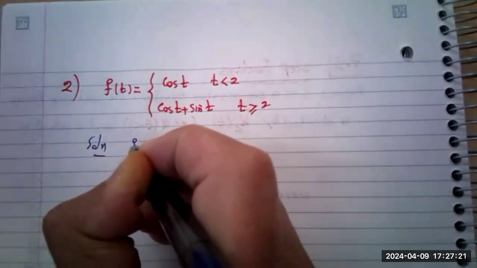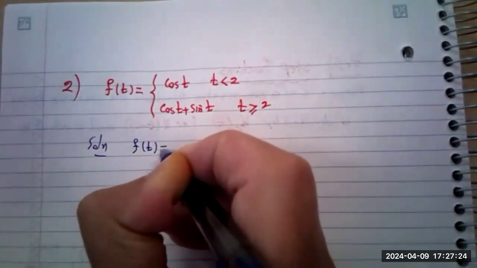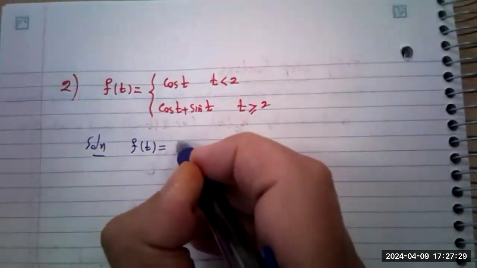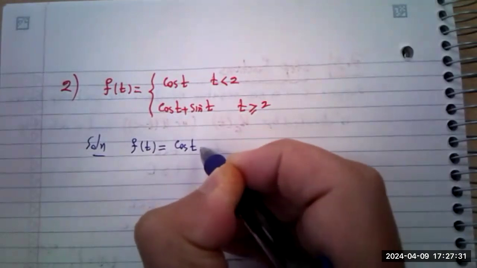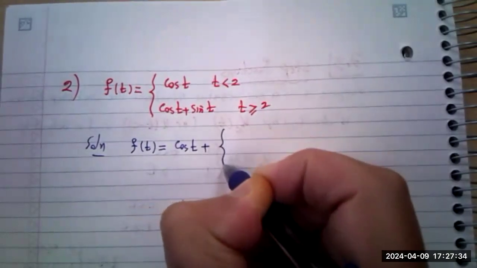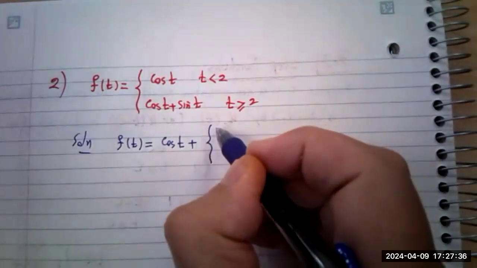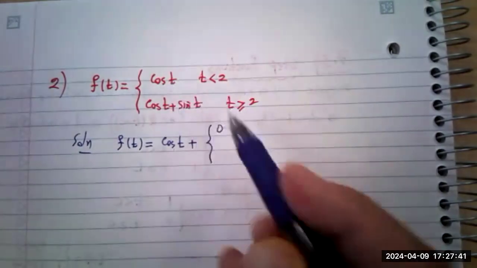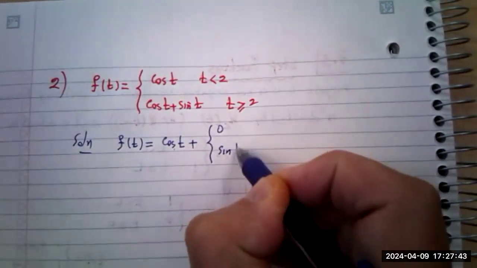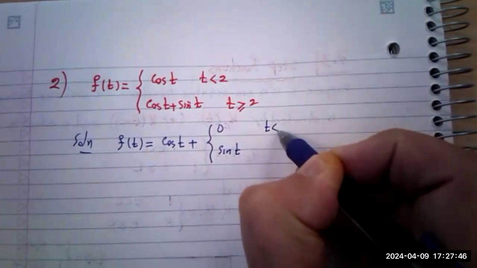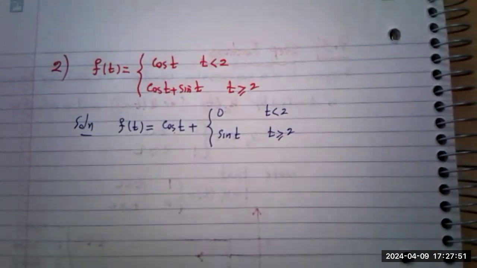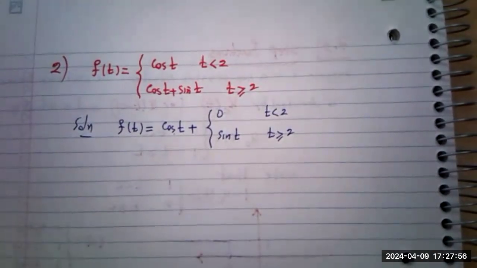So f of t is equal to, you subtract cosine t here and pull it out. That gives you cosine t plus, now your function would be of this form. That's 0, because cosine t plus 0 would be cosine t, and the sine t here, for t less than 2 and t greater than or equal to 2. Now the rest, you put out the sine t as a factor, and the leftover is the unit step function.